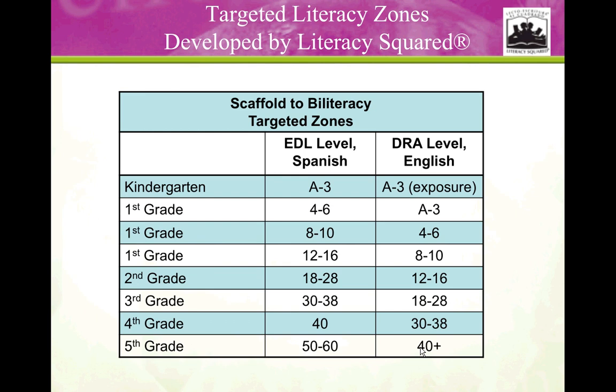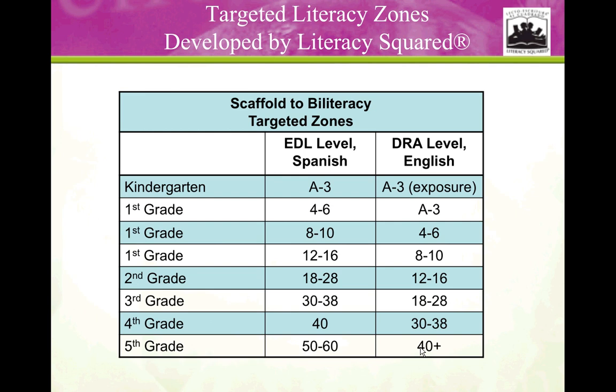So if you have a student, and I'm going to choose first grade, who can read at a level 16 in Spanish, when you test them in English, maybe they came out to a level 6.